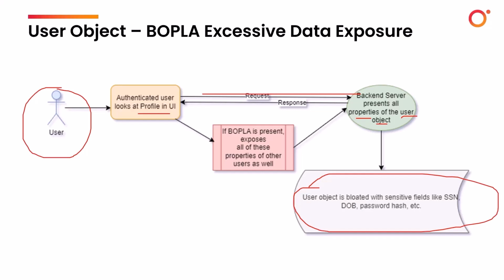So the response that comes back exposes sensitive fields like social security numbers, date of birth, password hash, etc. And all of that information goes back in the response, though only a small subset may actually be seen in the UI. But from an API point of view, all of this is exposed. So that is where you get the excessive data exposure.